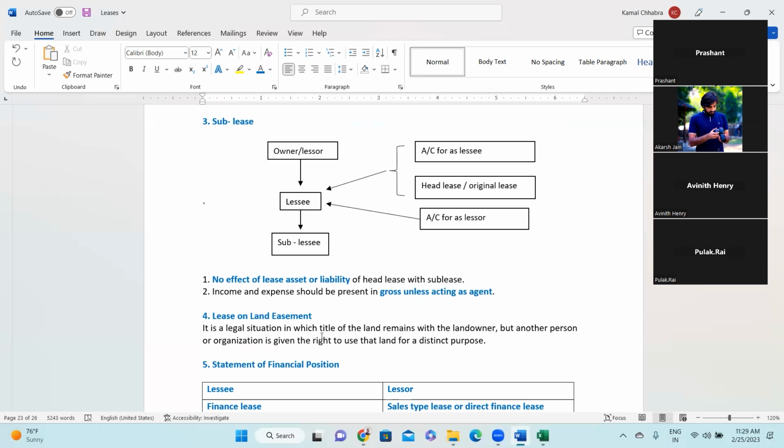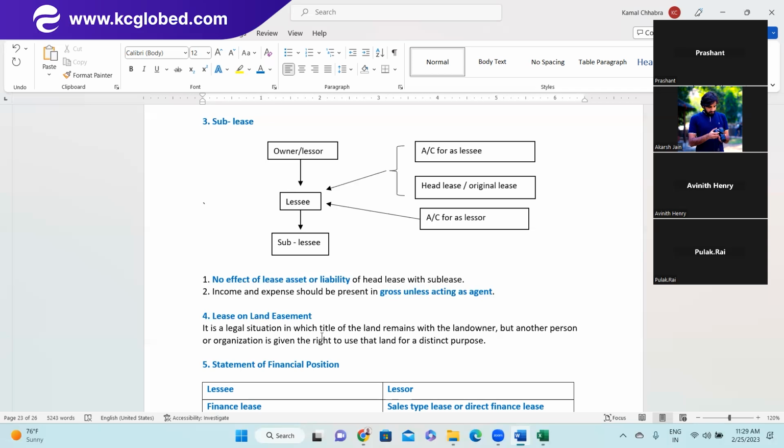So I took the lease; let's assume I have taken the top floor of the mall on lease from DLF. Then I have given a certain amount of space to the respective food court franchisees, to Domino's, to Pizza Hut, to KFC, to Tim Horton's, or any such, on a sublease. So that arrangement is called sublease.